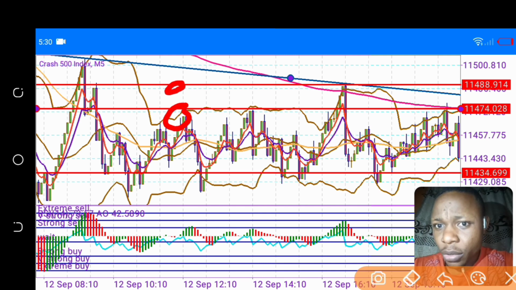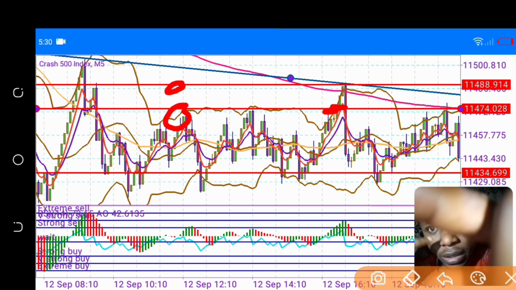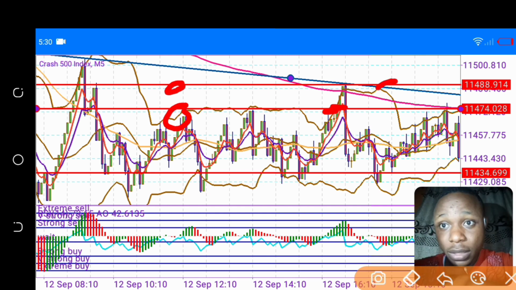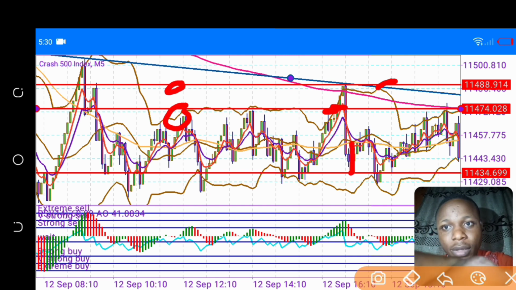You remember I told you that even if, for example, over here, maybe you sold it here and the thing refuses to crash, don't close your market in loss, since you know there is still a higher high. It will still come to respect this higher high. Just wait patiently. Whenever it touches this higher high again, enter another position, making 2 positions. Then you are in big profits over there.